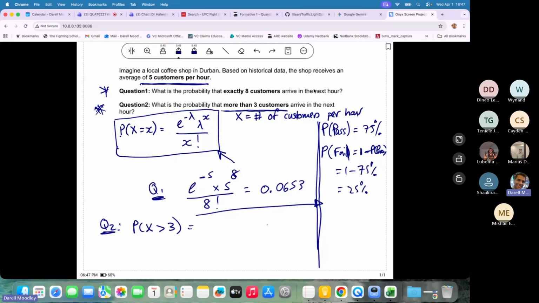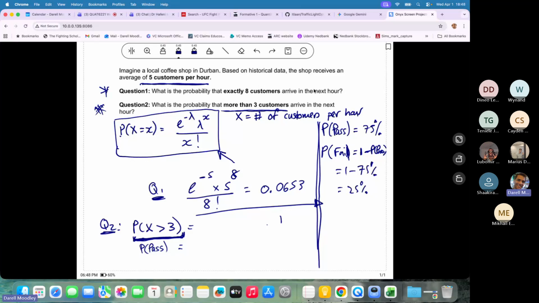So I'm going to use this here, because there's no way I can look at all those probabilities and add them up. Think of this as the probability of passing. So what is the opposite of x greater than 3? I'll give you two options.